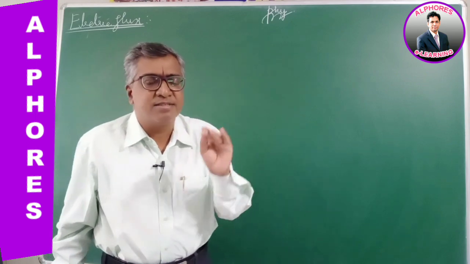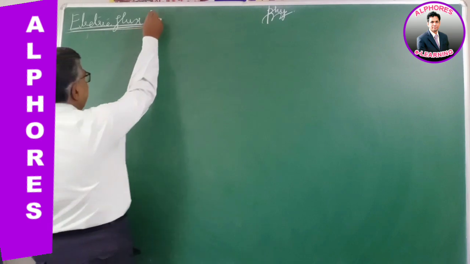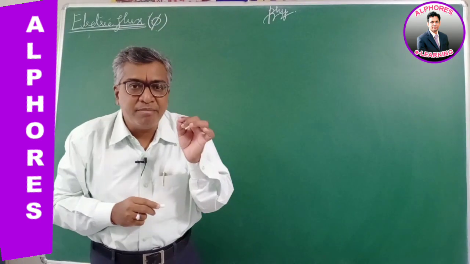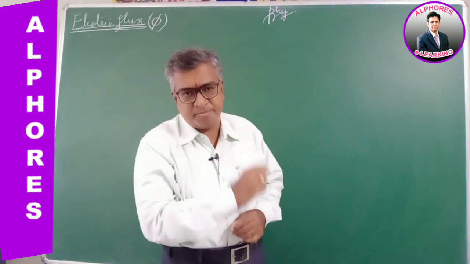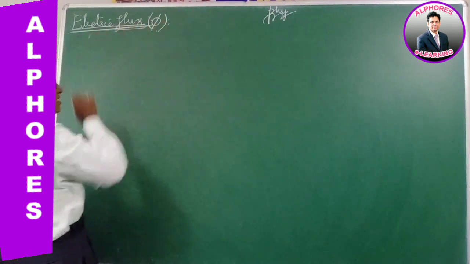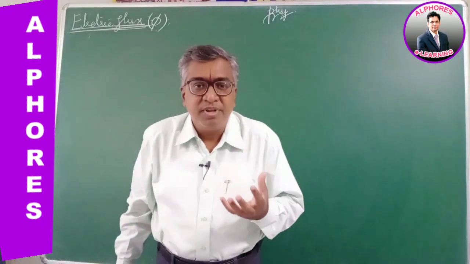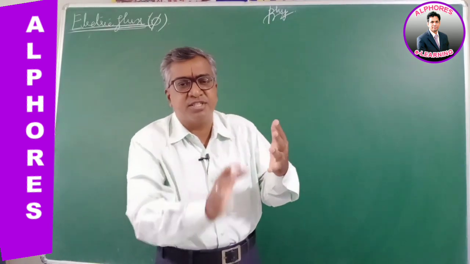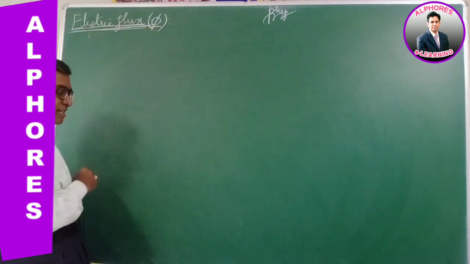Electric flux phi is defined as the measure of the number of lines of force passing through a particular space, a fixed space. The measured number is called electric flux.